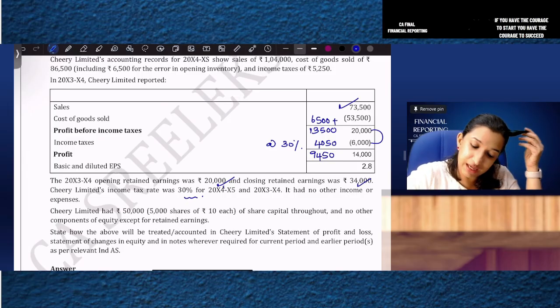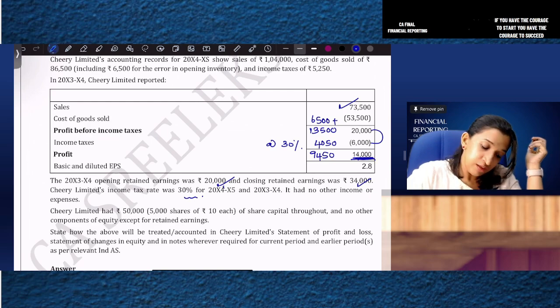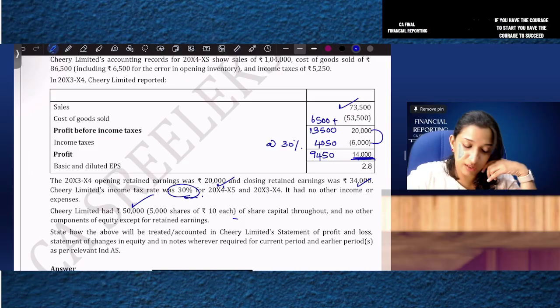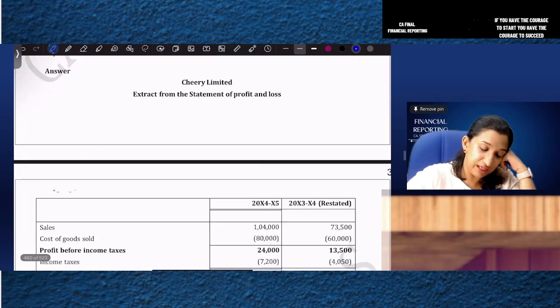Yeah, 20 plus current year 14. Chiri Limited's income tax rate is 30%. It had no other income. Chiri Limited had 50,000 equity shares. Show how this will be treated or accounted in Chiri Limited's statement of P&L, statement of change in equity, and notes. I think this is very simple. This is very easy. So we'll correct it.